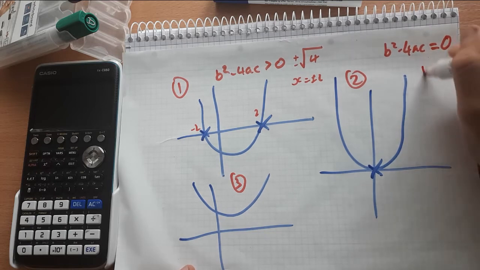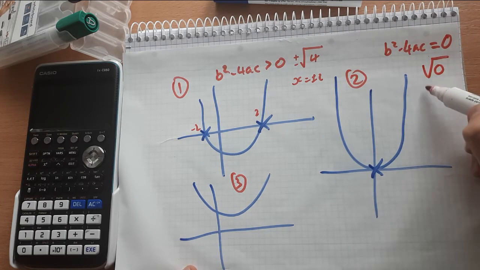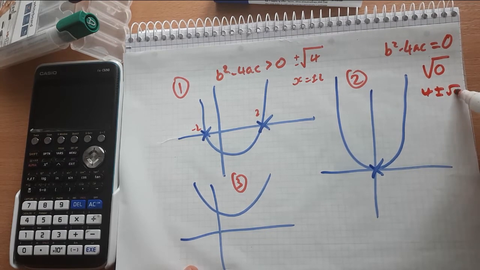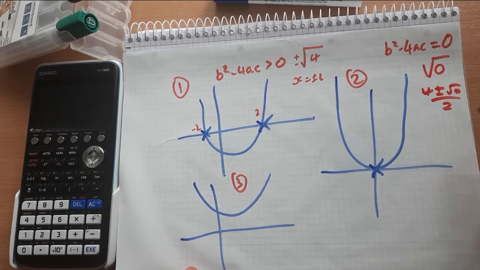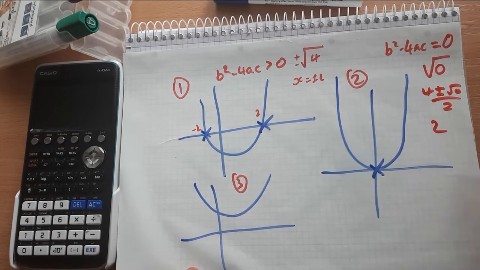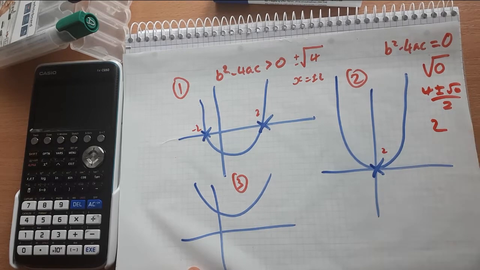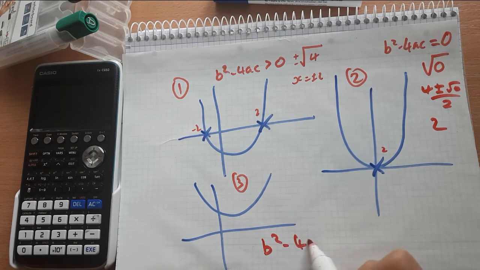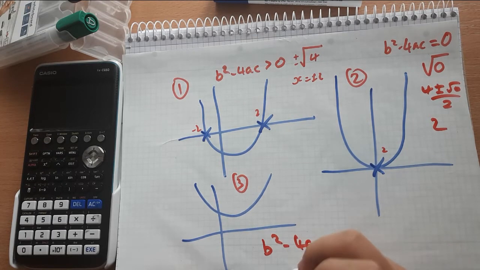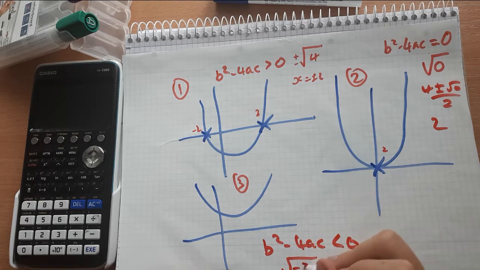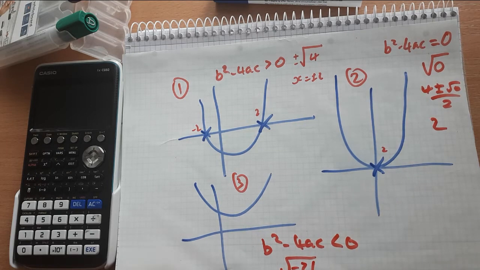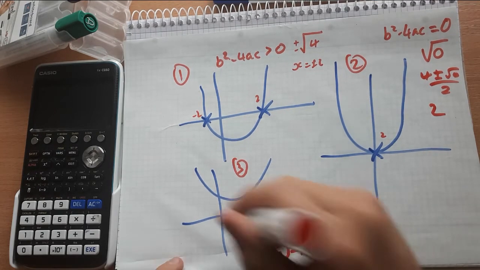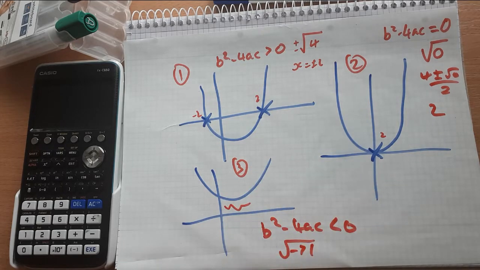That means that your square root is going to be 0, which means it could be like 4 plus or minus root 0 over 2. So your answer is 2. In this case it's 0, but there. Then in this one, b squared minus 4ac is less than 0, so you take the square root of like minus 71, which you can't do. Therefore, it does not cross the x-axis at all.